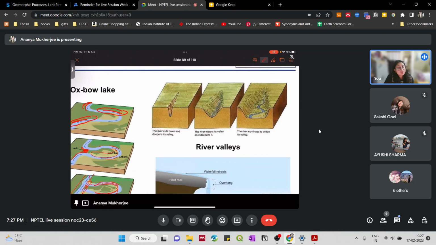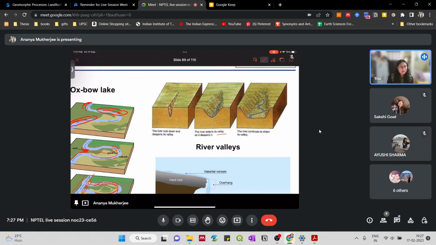Another erosional feature that is formed during the course of the river's life are the different kinds of river valleys that we see. At first the river will cut down and deepen the valley. Then the valley will start widening with time.